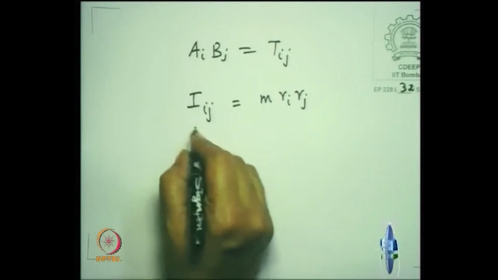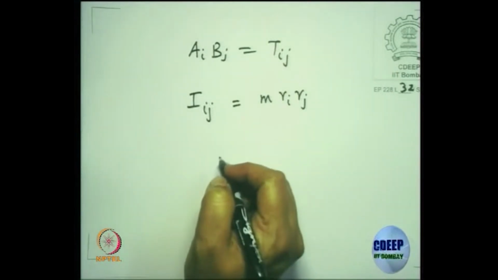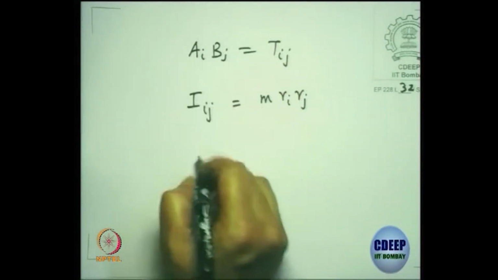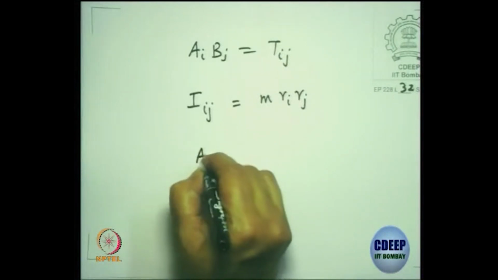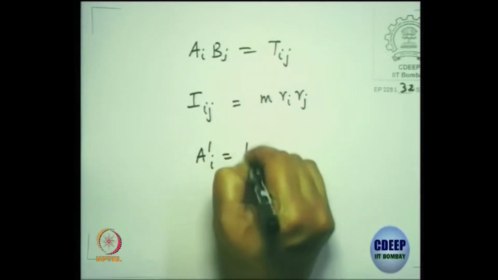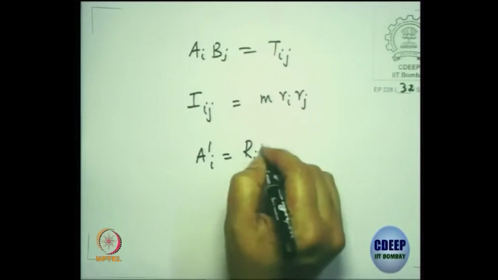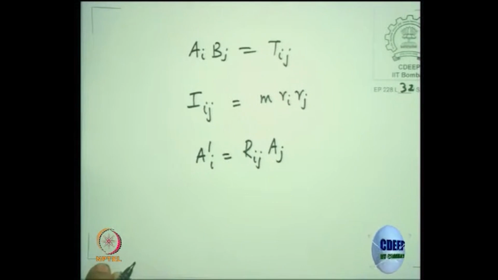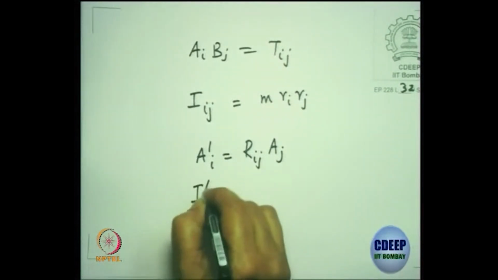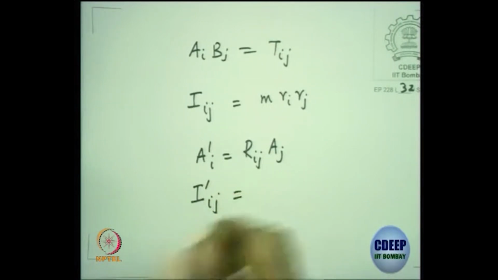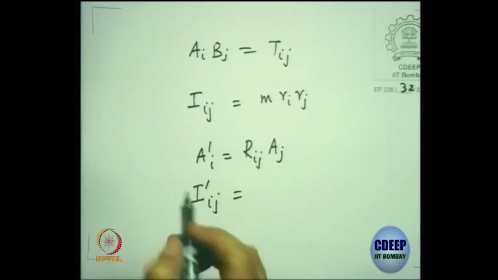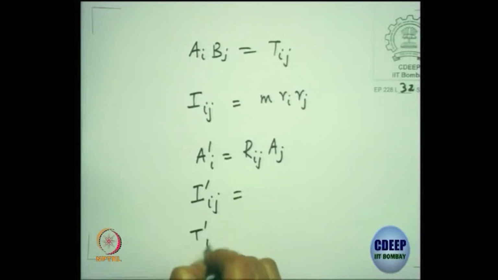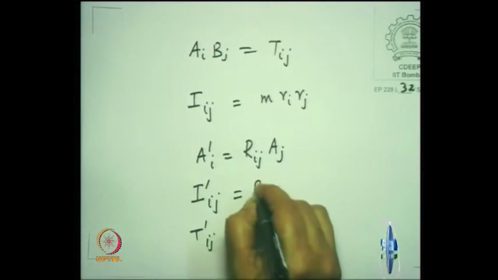When I do a rotation on a one-indexed object, I will get A prime i to be Rij, a rotation matrix, times Aj. When I do it on a two-indexed object, let's take T prime ij, under rotation what happens?